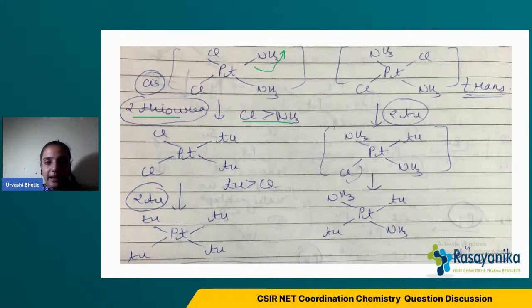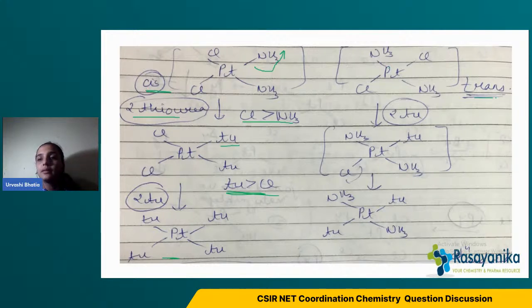Now we can see that the trans effect of thiourea is greater than Cl minus. Now thiourea is going to remove the Cl, and this thiourea is going to remove the Cl because it is in the trans position. This is what the trans effect says. So on adding two thiourea ligands, we get this platinum containing four thiourea ligands. This is for the cis case, right?